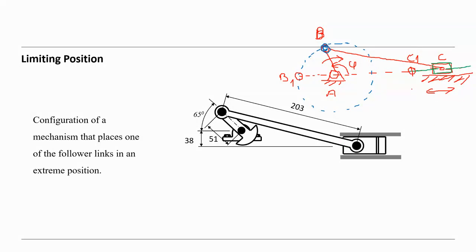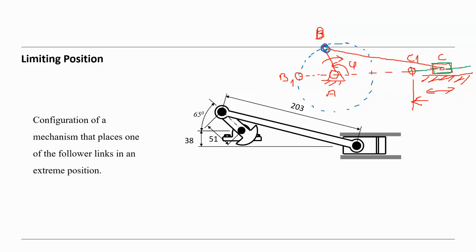That means the slider can move maximum till this point and finish, it cannot move more. Therefore, it's a limiting position. There is a limit there.